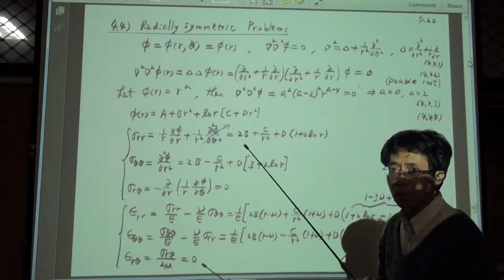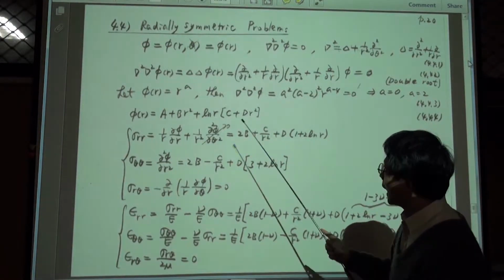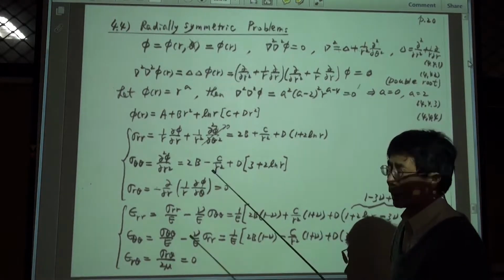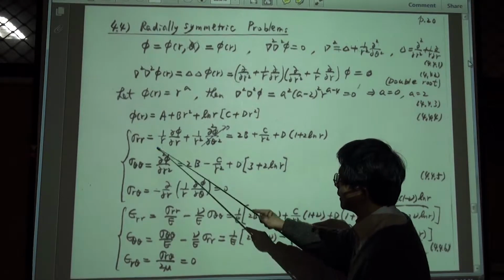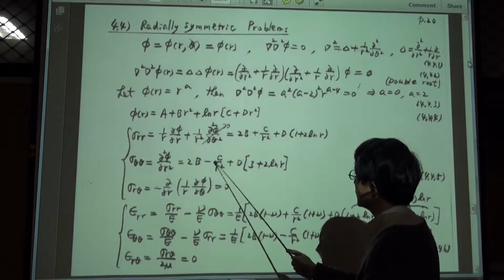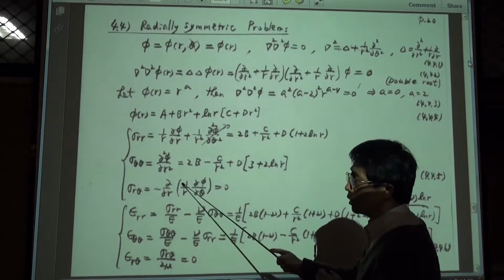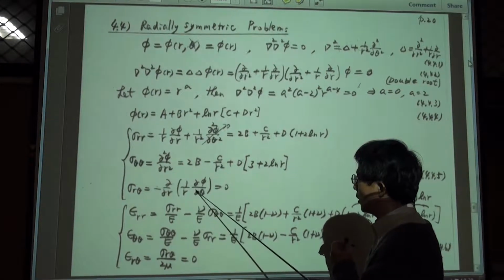Let us look in detail at how this constant can be set to 0. We get this stress function, so we get the stress components by this formula, without difficulty. We have sigma r, sigma theta. There is no shear stress because it is an axisymmetric problem.